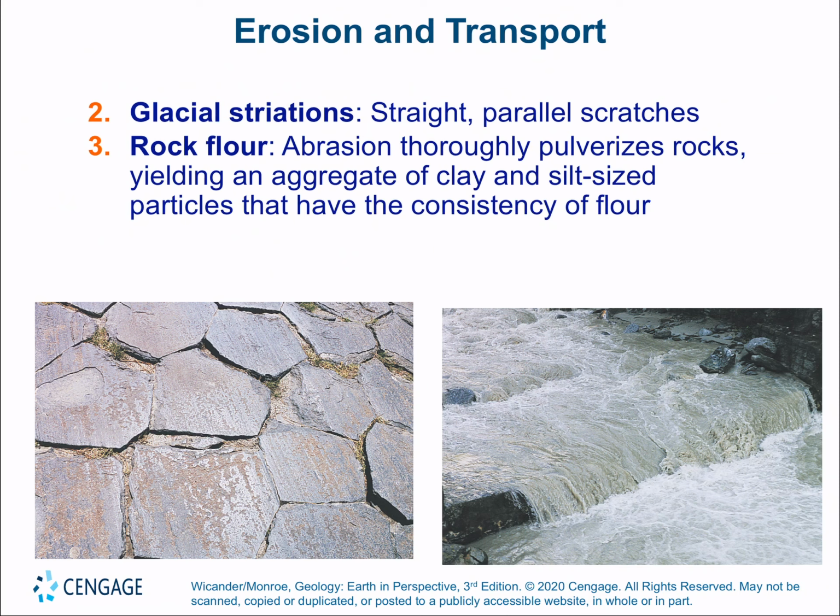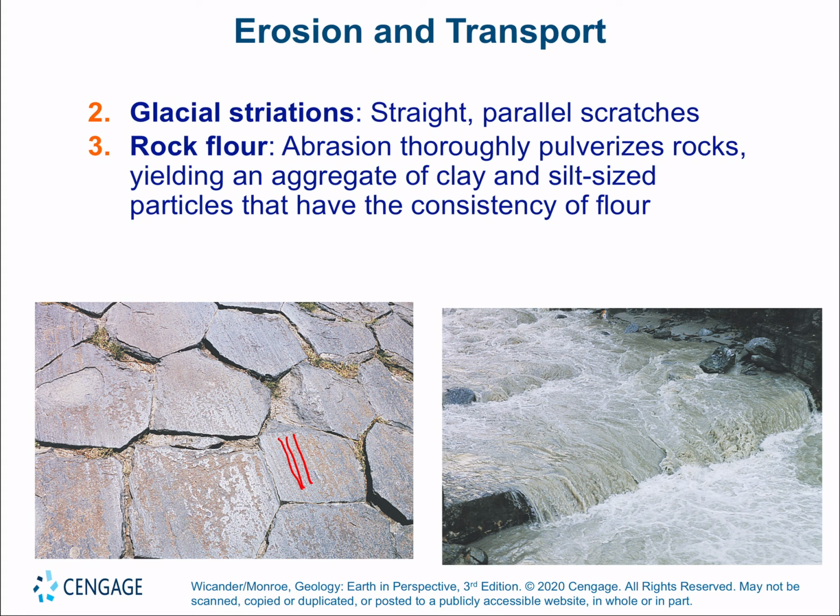We also see in this picture on the left a series of fine lines that you can see in this rock. Those are known as glacial striations. They're a series of parallel lines. It almost looks like you took a knife and you carved them in. That results when the glacier moves over a surface, and the particles that are suspended in the glacier on the bottom are actually going to form scratches in the rock.